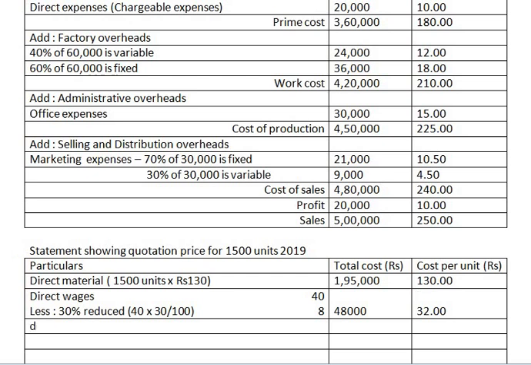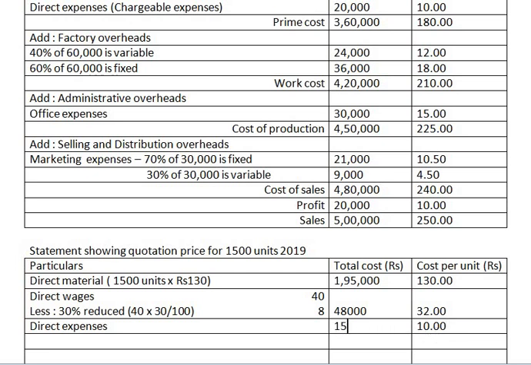Okay. Now next is direct expenses. Now direct expenses, just check if any information is given related to direct expenses. They haven't given us any information. So what we will do, we will keep cost per unit as same. Cost per unit, so 10 into 1500.